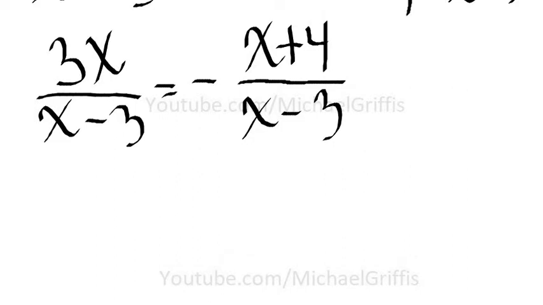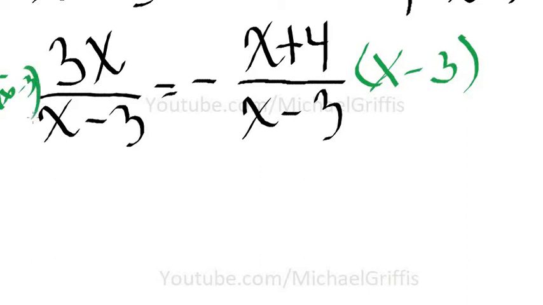What you want to do now is just multiply both sides of the equation by x minus 3. Okay, and when we do that, in other words, I multiplied this side by x minus 3, and then, of course, I've run out of room, x minus 3 to this side, as you can see, they cancel out.